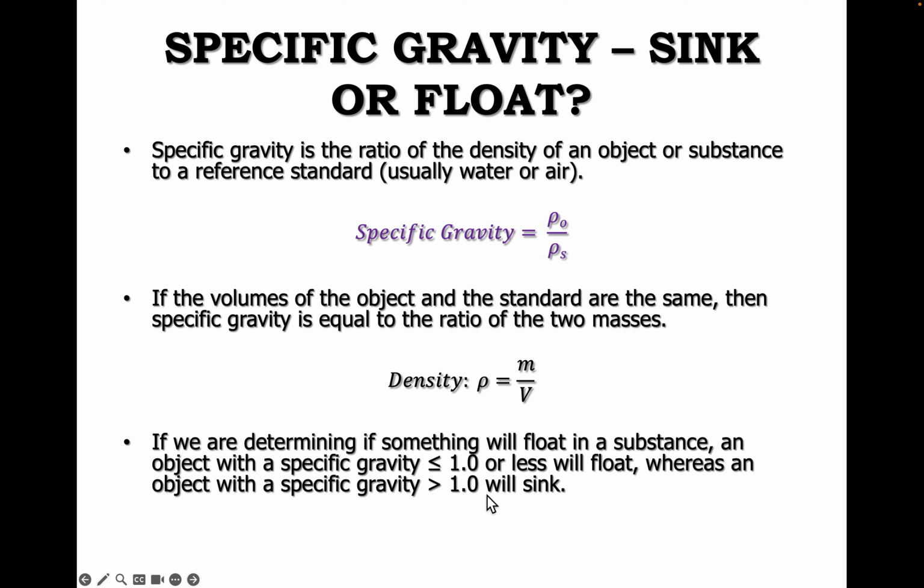To keep this in more simple terms, if the density of the object is greater than the density of the fluid it's in, that object will sink, which makes sense. A more dense object compared to the fluid it's in will sink, versus an object that is less dense than its surrounding fluid will float.